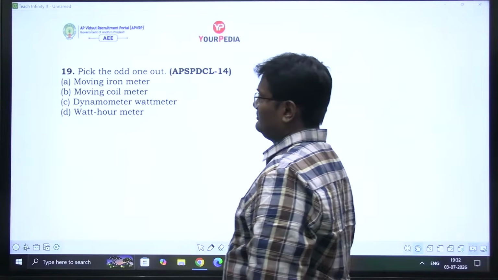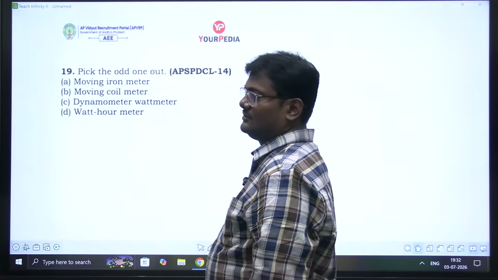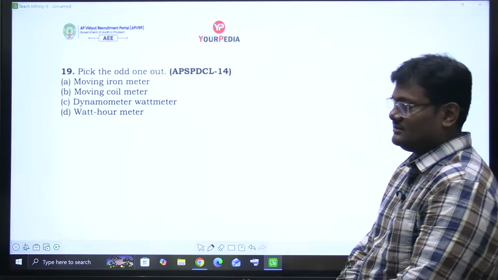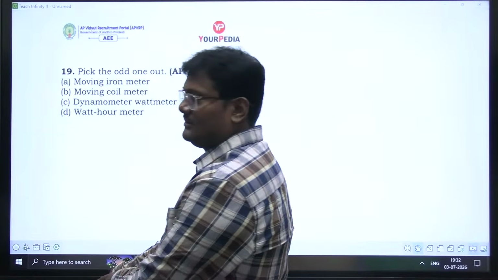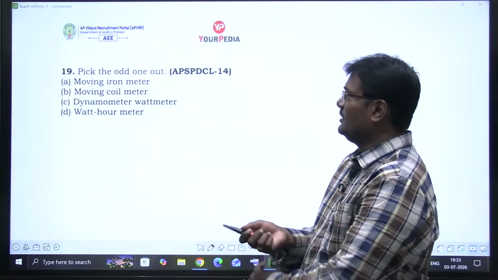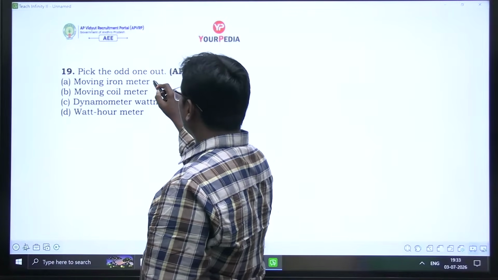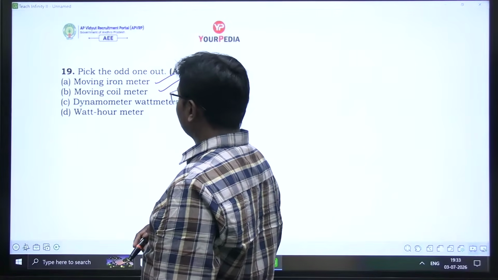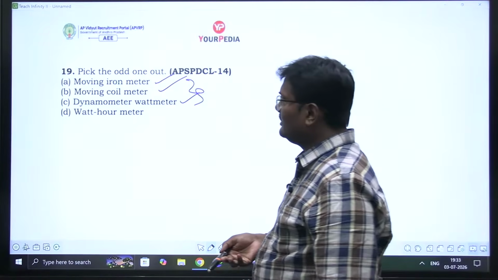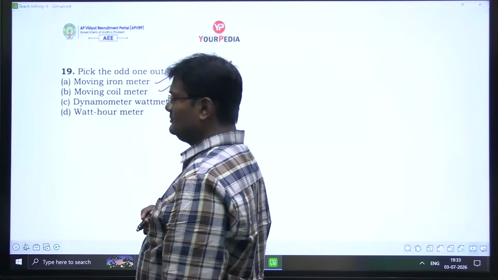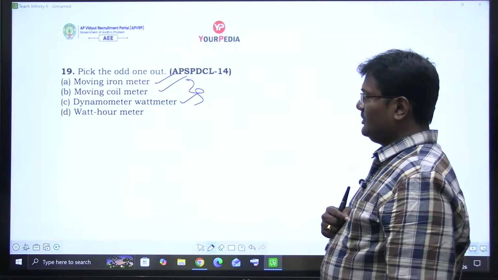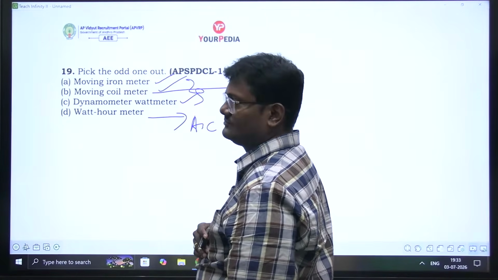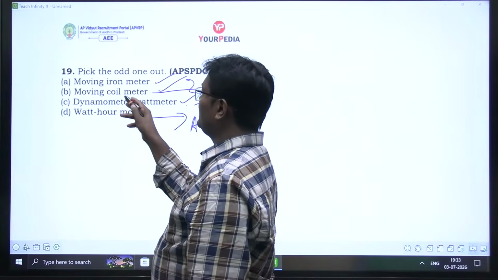Pick the odd one out. Moving iron instrument, moving coil instrument, dynamometer type instruments. Which ones measure DC, and which ones measure AC? Dynamometer, AC or DC?